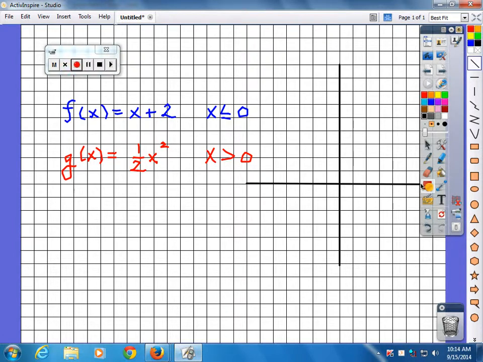Okay, the blue one, like she said, 1/1 is your slope. And then instead of 0, 0, you start at 0, 2.